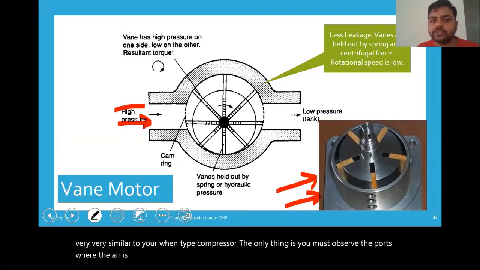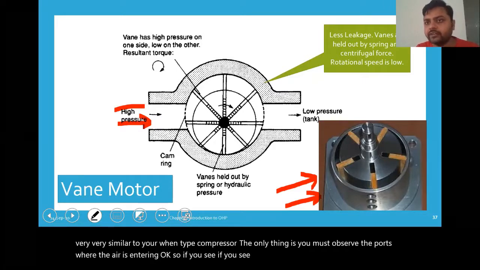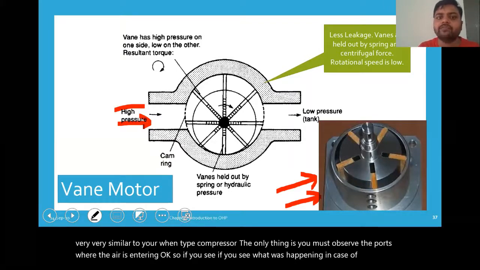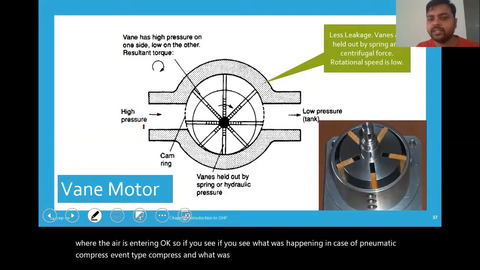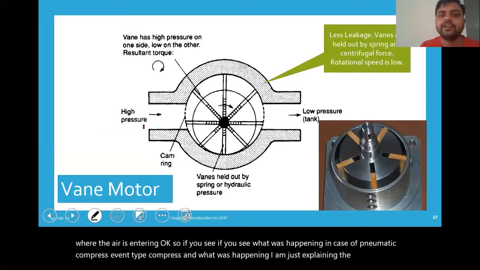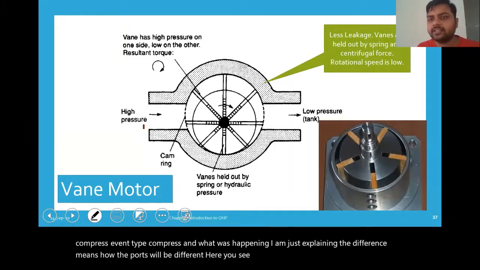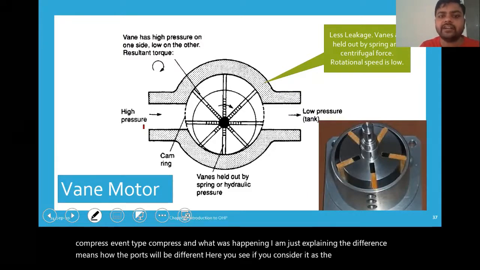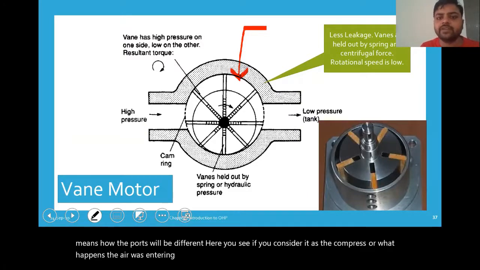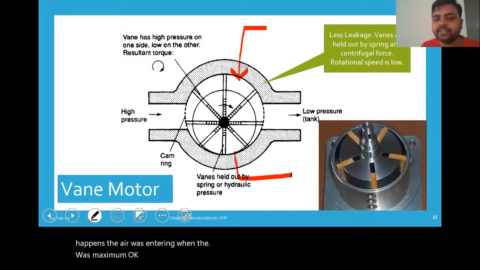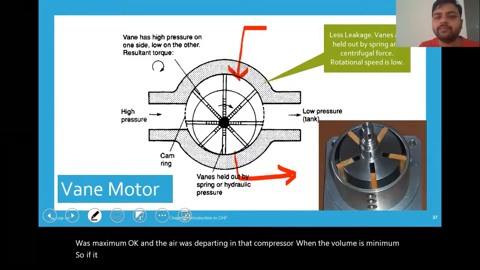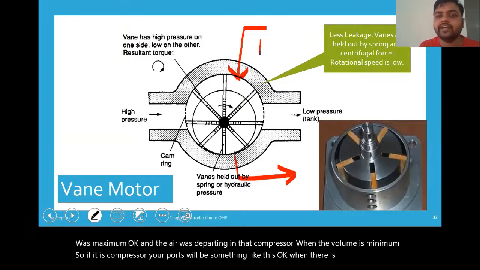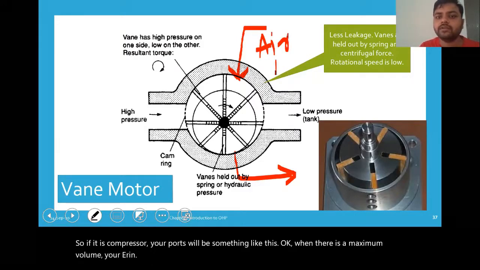So if you see what was happening in case of pneumatic compressors, the vane type compressor, I am just explaining the difference, how the ports will be different. Here you see, if you consider it as the compressor, the air was entering when the volume was maximum, and the air was departing in that compressor when the volume is minimum. So if it is a compressor, your ports will be something like this. When there is a maximum volume, your air in, and where there is a minimum volume, your air out.